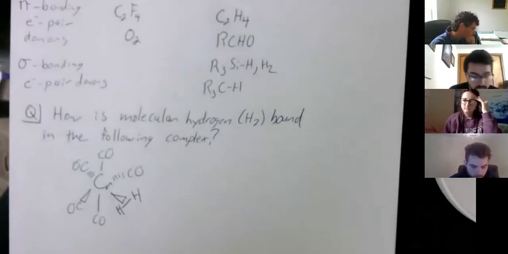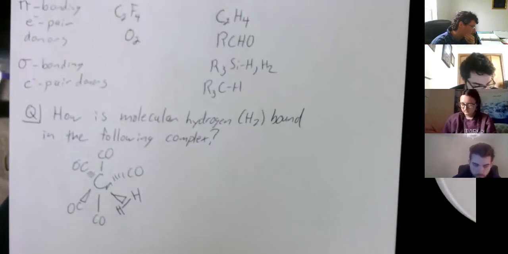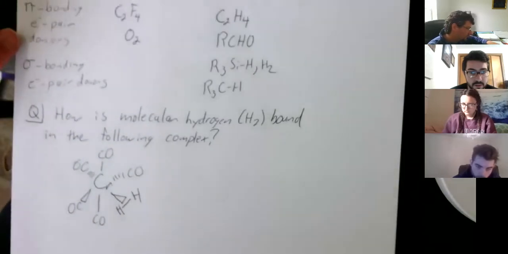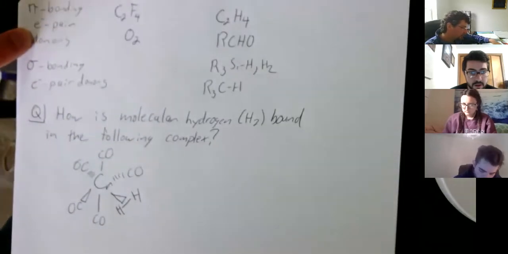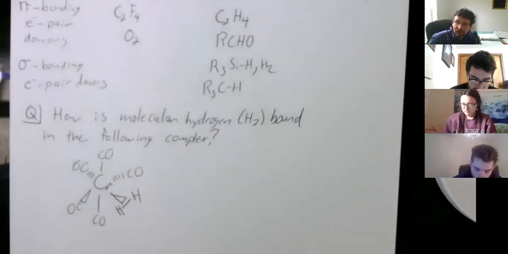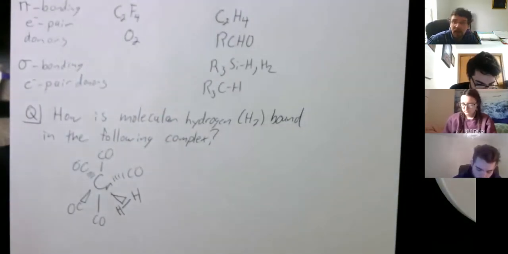So there's only strong pi donors for just the lone electron pair donors. You're not going to see a lot of those others for any of the other two situations. So yeah, pi bonding electron pair donors, you don't see a ton of strong pi donors. You can have some, but generally not too many.